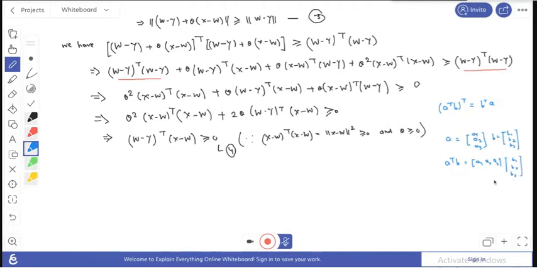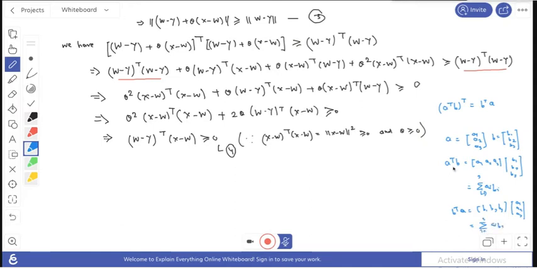So this equals the summation of AI BI, where I equals 1 to 3. Similarly, if we take B transpose A, this is B1, B2, B3 multiplied by A1, A2, A3, and this is also equal to the summation of I equals 1 to 3 of AI BI.